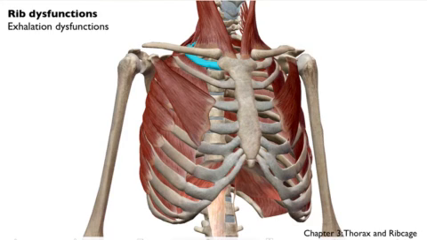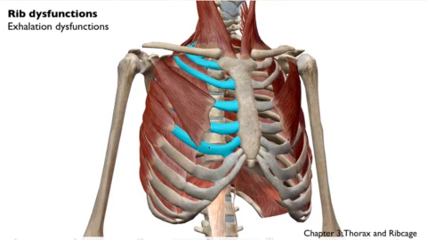Now, let's look at the diagnostic findings that we're going to notice in an exhalation dysfunction for pump handle ribs versus a bucket handle rib. Let's highlight the ribs we care about. We said we want to talk about ribs 1, 2, 3, 4, and 5. Those are the pump handle ribs. What's going to happen in an exhalation dysfunction if the pump handle has a dysfunction?